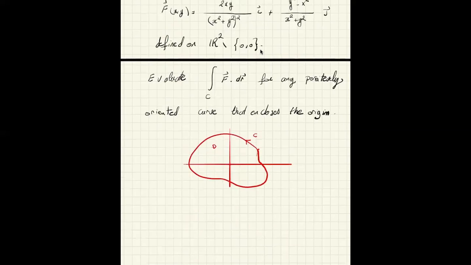So it's not even defined, not even talking about continuity of first partial derivatives and all that. So the trick is actually to avoid this point. Take any other curve. If you take any other curve, call it C prime.